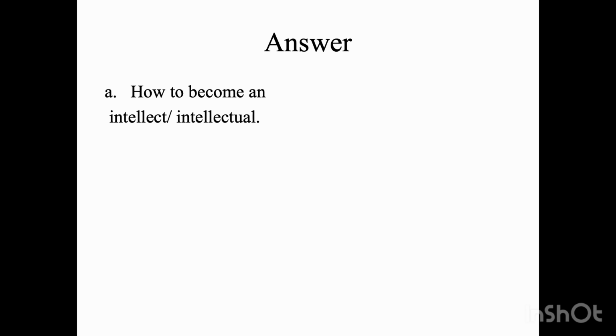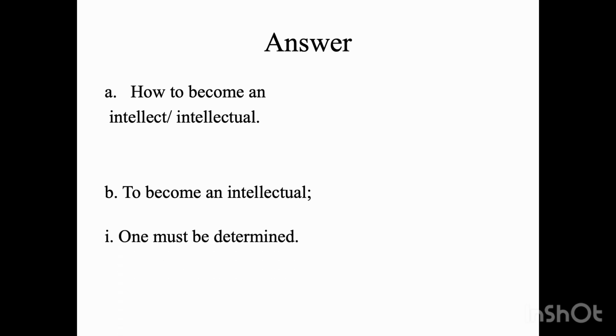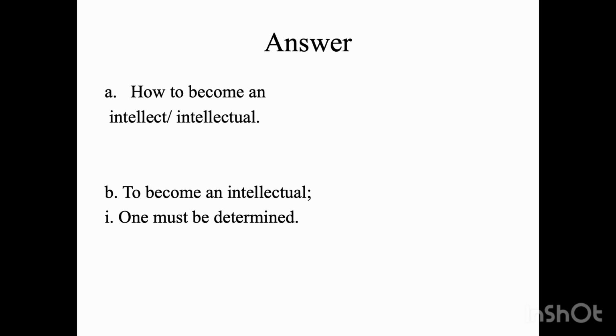Now let's move to the second part, where we are tasked to summarize in 3 different sentences. So now we are going to look at the 3 areas of focus that was presented in the short paragraph. So you can start with a preamble. It's optional. To become an intellectual, the first answer, one must be determined, and it was what's mentioned in the passage.